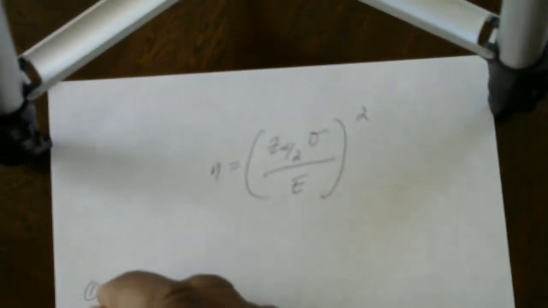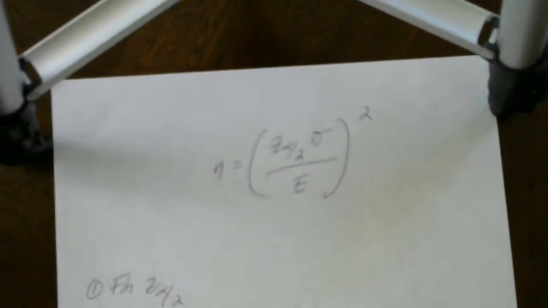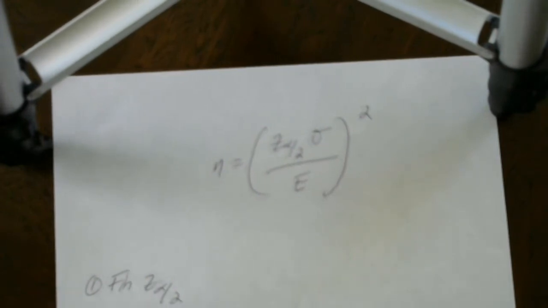So the first thing we have to do is find z alpha over 2. From our problem, we were given that the confidence level is 95%.